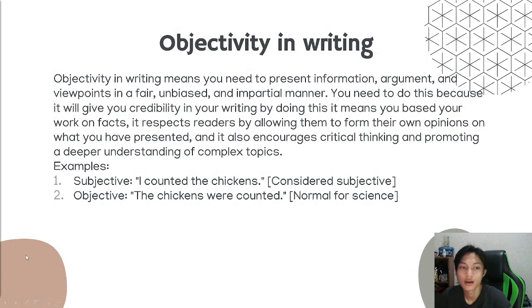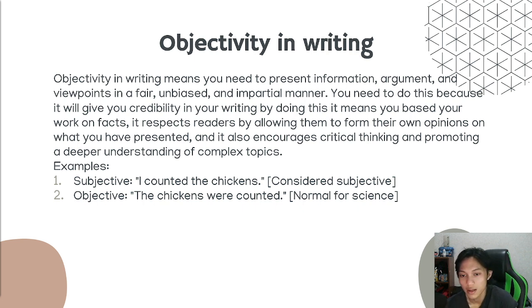objectivity in writing. Objectivity means you need to present your information, arguments, or viewpoints in a fair, unbiased, and impartial manner. You need to do this because it will give you credibility in your writing. By doing this, you base your work on facts, and it also respects readers by allowing them to form their own opinion on what you have presented.